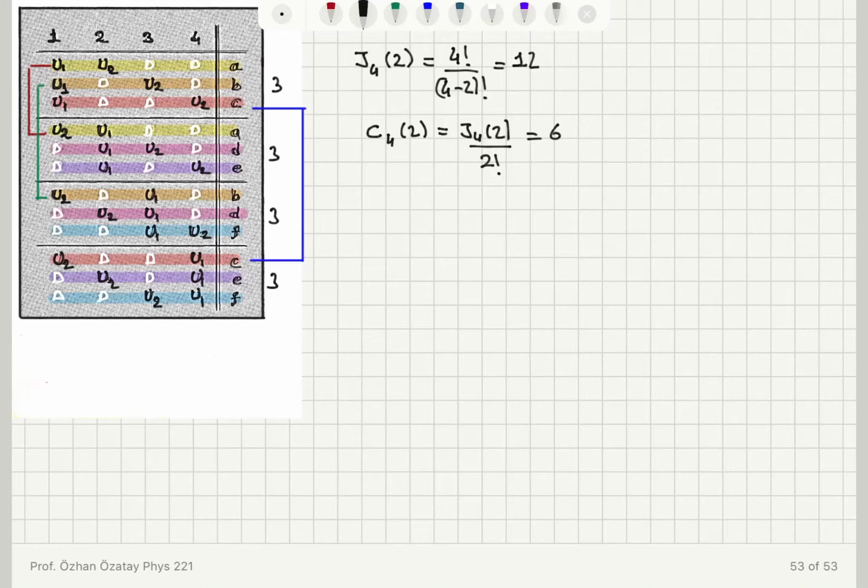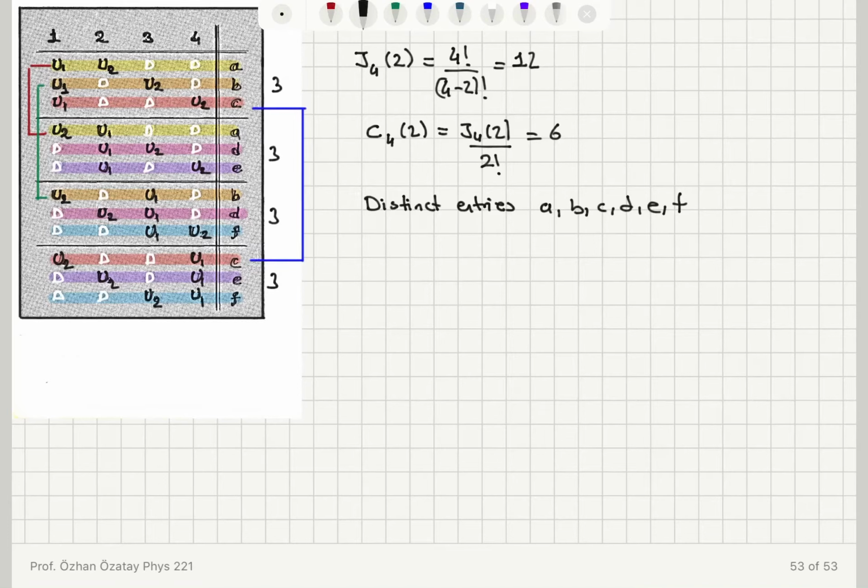It is 6. So the distinct entries here are A, B, C, D, E, F. And then I have the permutations of this that give me exactly the same configuration for having 2 moments pointing up.